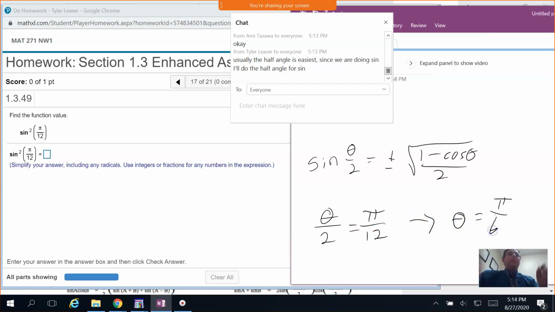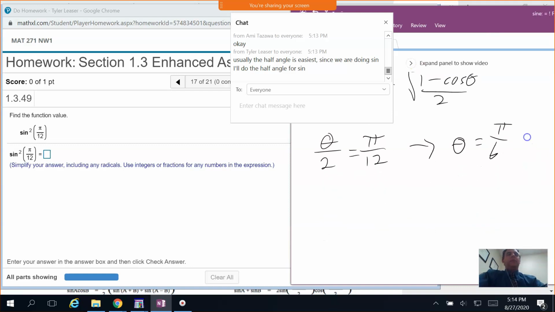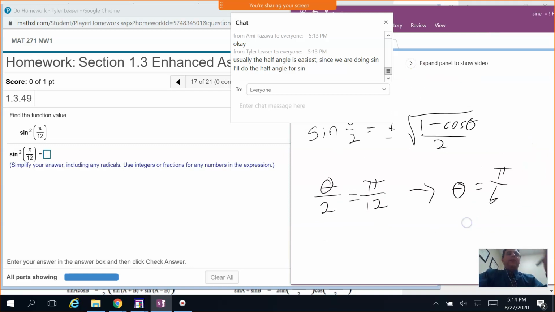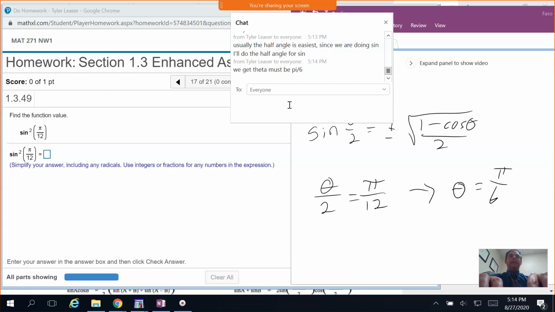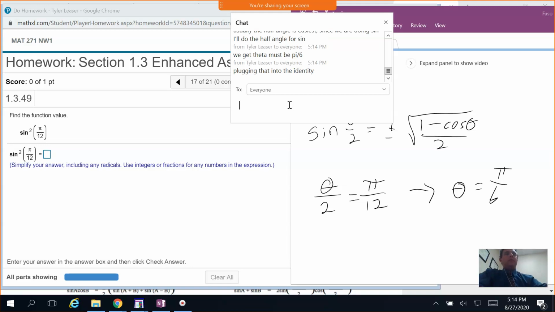We get that just by multiplying both sides by 2. Plugging that into the identity, we get the square root of 1 minus cosine pi over 6, all divided by 2.